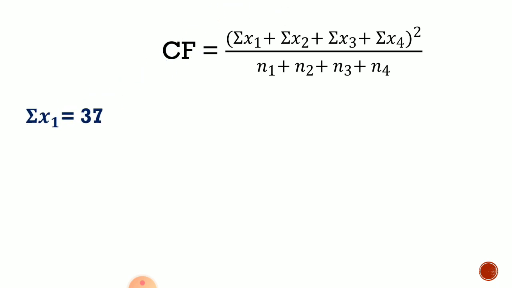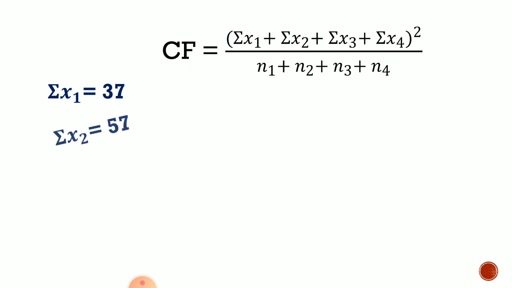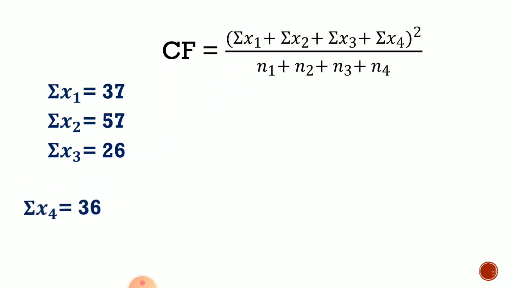The summation of x sub 1 is 37, x sub 2 is 57, x sub 3 is 26, and x sub 4 is equal to 36. And n sub 1, n sub 2, n sub 3, and n sub 4 are all equal to 7.